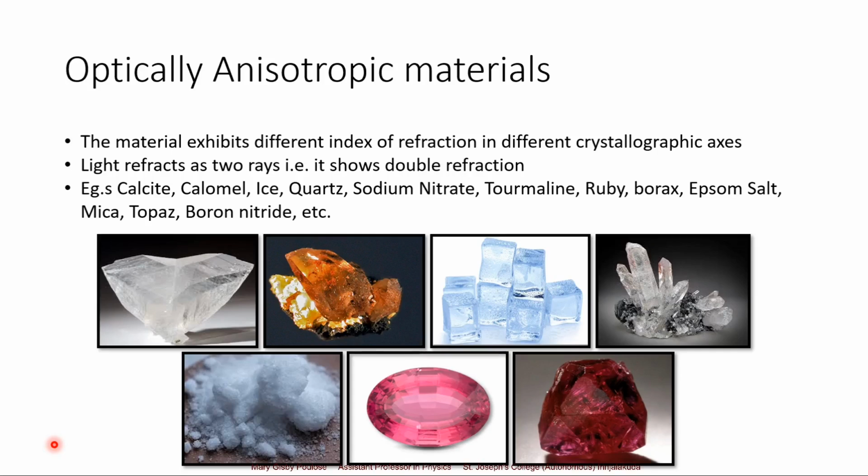Now, we also have optically anisotropic materials. These materials have different index of refraction in different crystallographic axes. Okay, so if light passes through it in one direction, it will show light refracting as two beams. But when light passes through it in another axis, it will again show a different form of refraction as two rays.